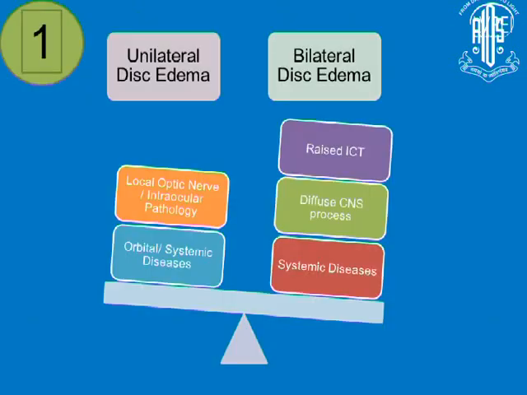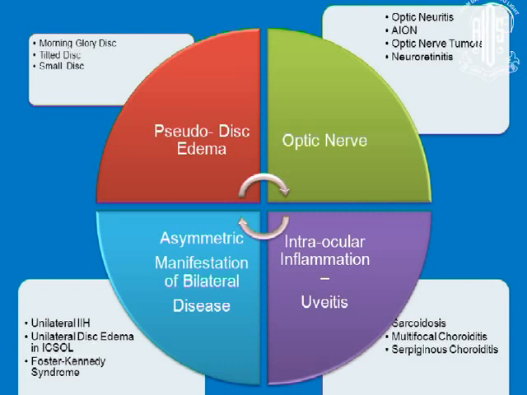On the contrary, when we see a patient with unilateral disc edema, raised ICT, diffuse CNS processes, and systemic diseases are less likely. We are more likely to have an etiology which could be a local optic nerve or intraocular pathology, or it could be an orbital or, rarely, a systemic disease manifesting unilaterally. If we look at these, we can classify them into four major categories.